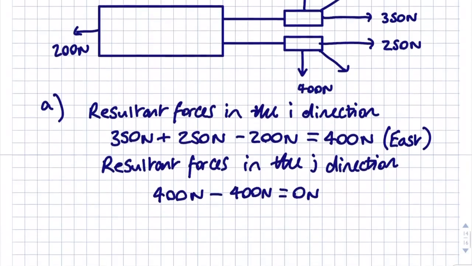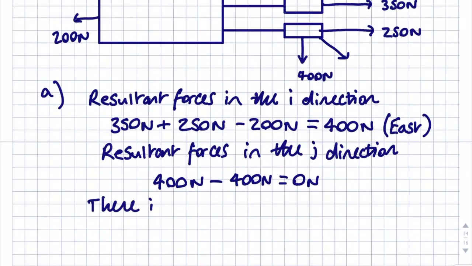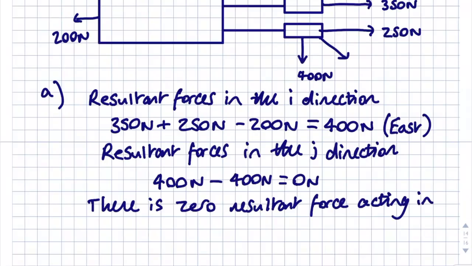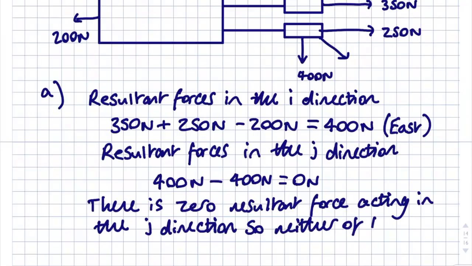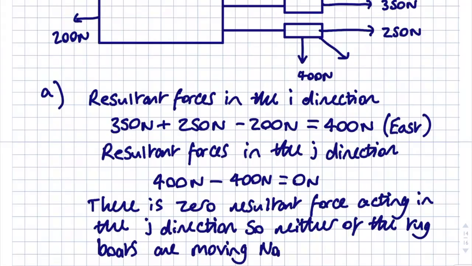So what we can say is there is 0 resultant force acting in the J direction. So neither of the tugboats are moving north or south.